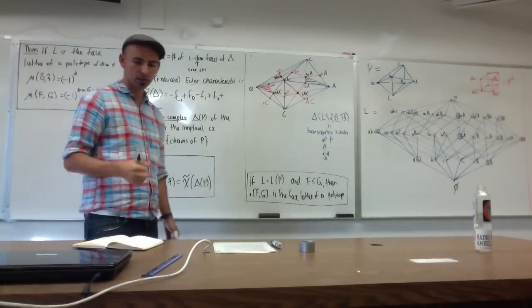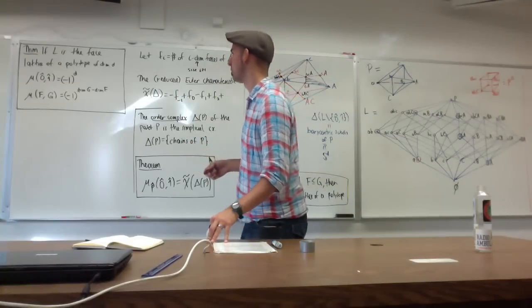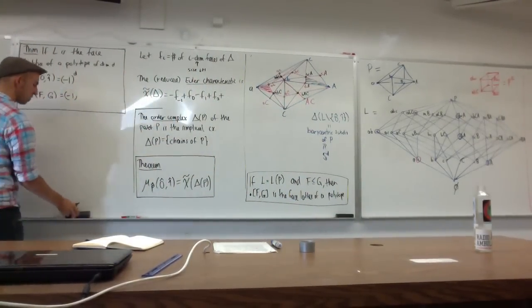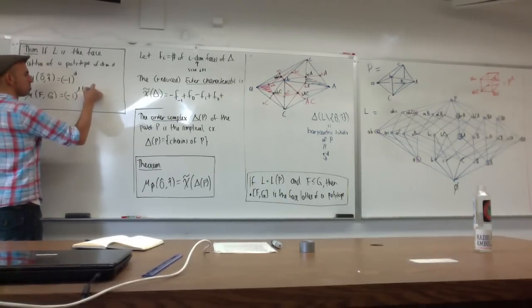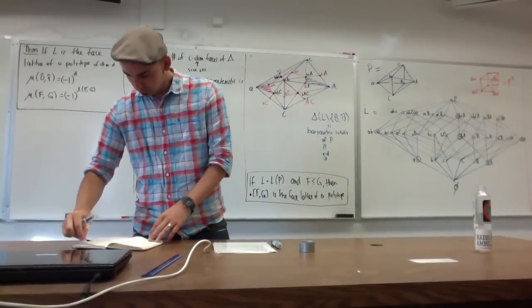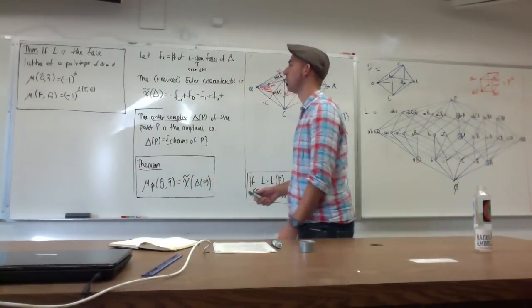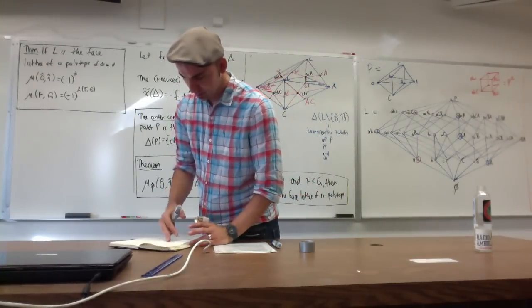So the Mobius function of these face lattices. Actually, since I'm thinking of lattices, let me just call this the height from f to g in the poset. All right. So there we have it.